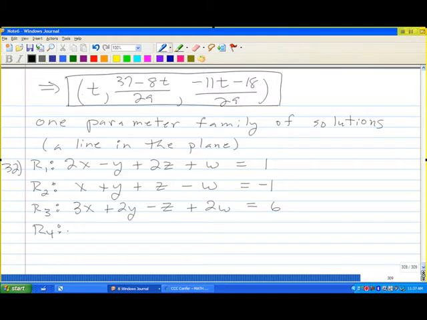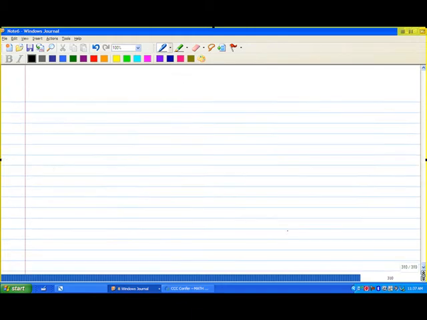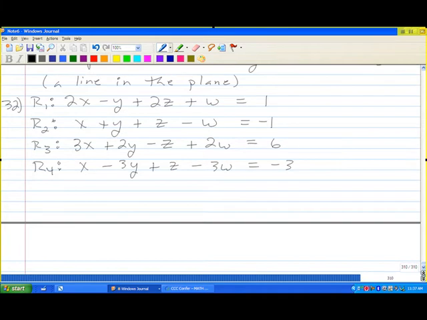R4: x minus 3y plus z minus 3w equals negative 3. Okay? So I guess the first thing is actually just looking sort of below.